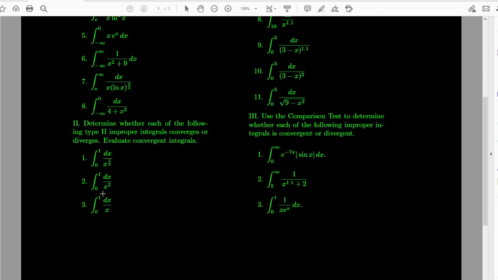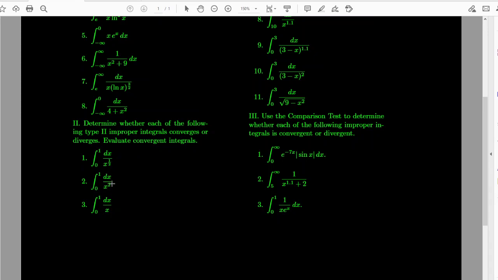But for type 2 improper integrals, it's kind of opposite. It's not totally opposite. I think you can remember the answer: the type 2 P integral in question 1 was convergent.